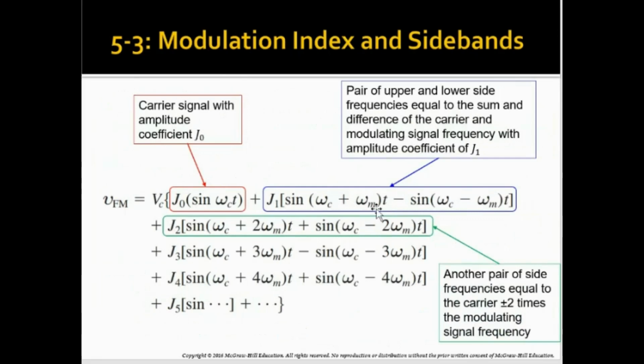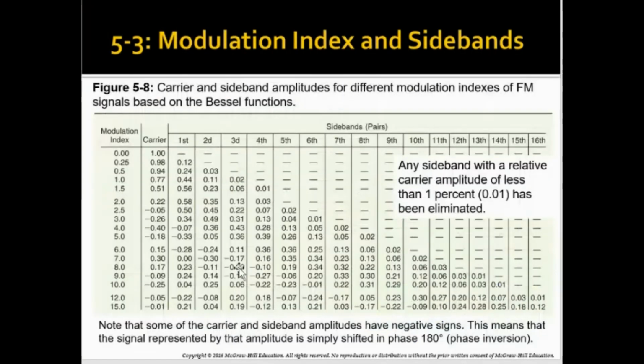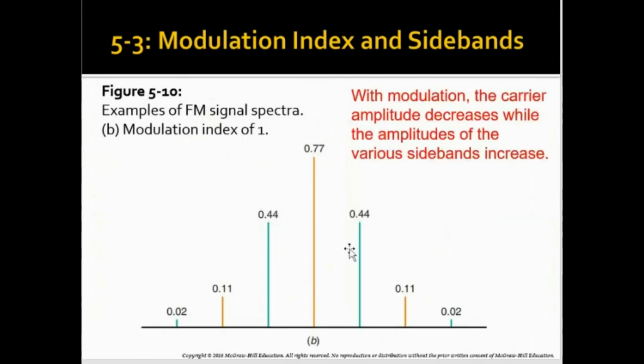If you look at these equations, when you have positive sidebands, negative sidebands are also available. Upper and lower sidebands means for each amplitude of your sidebands, there are 2 copies. One is positive, another is negative. So this is our carrier amplitude 0.77.